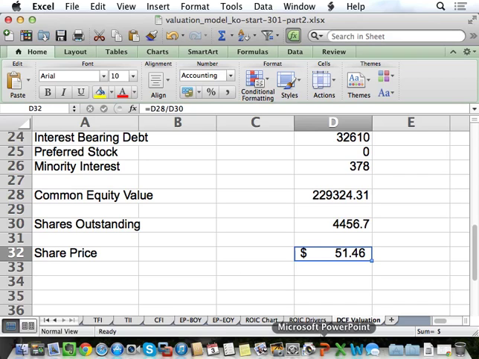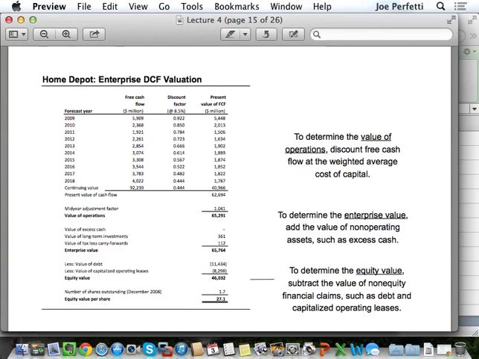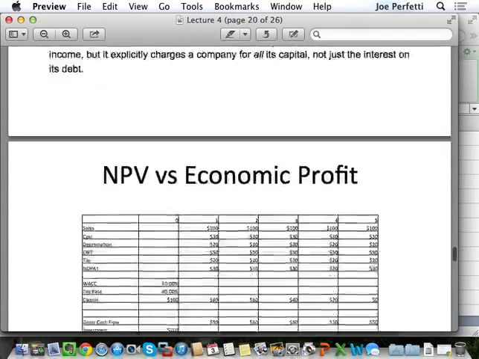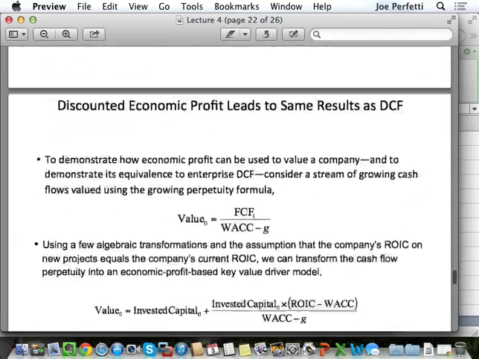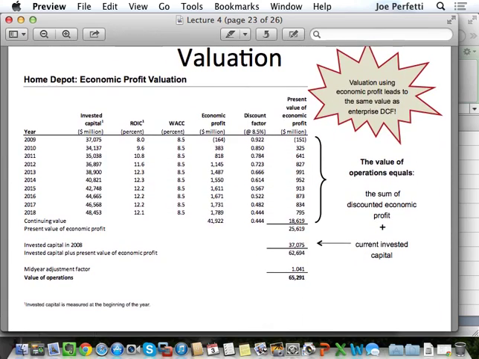So again, if we go back to lecture 4, when McKinsey did their example of the Home Depot valuation, they also talked about using an economic profit methodology, how they would value Home Depot using that methodology. What's primarily different about the two is how the operating value is calculated, right? So it's a different set of formulas for the operating value. Everything else is the same, and we get the same answer.